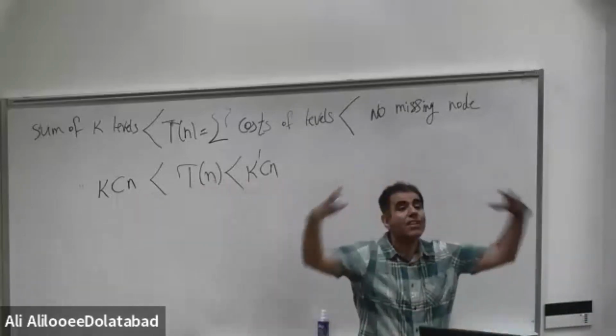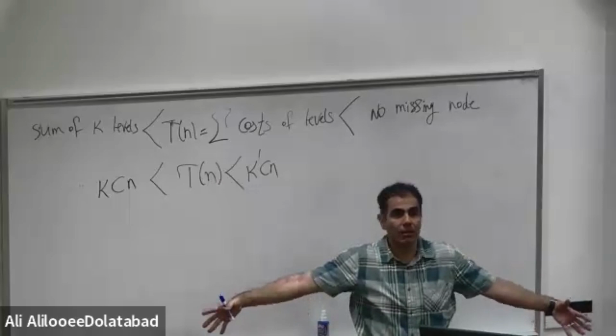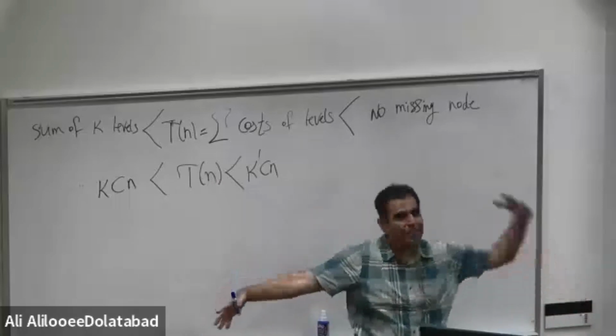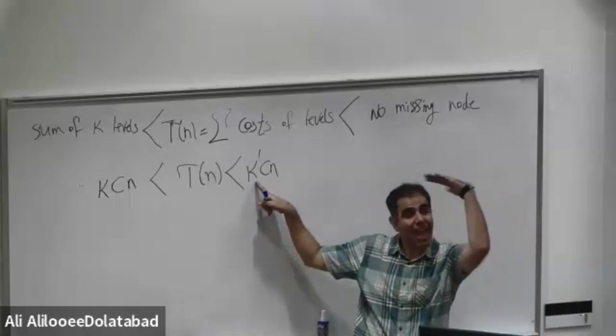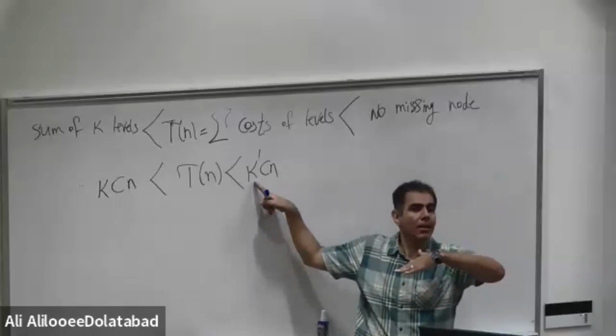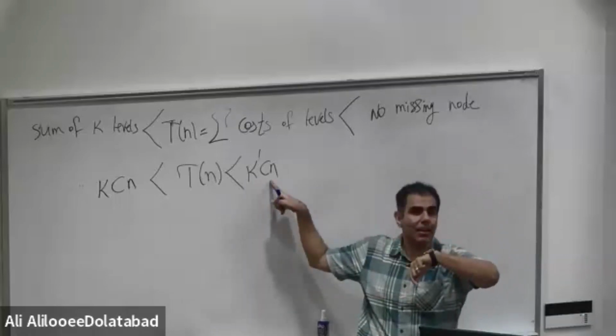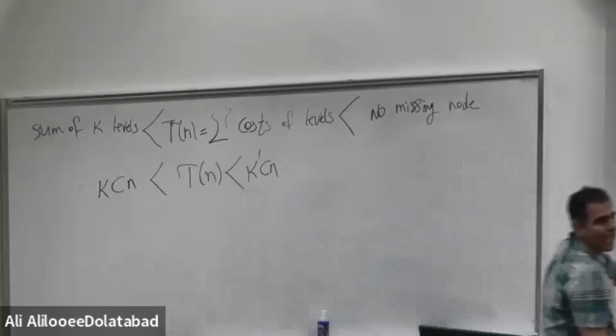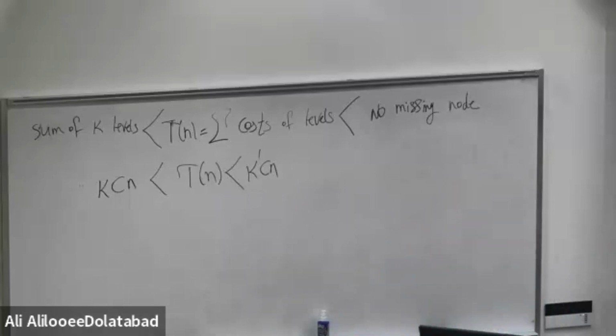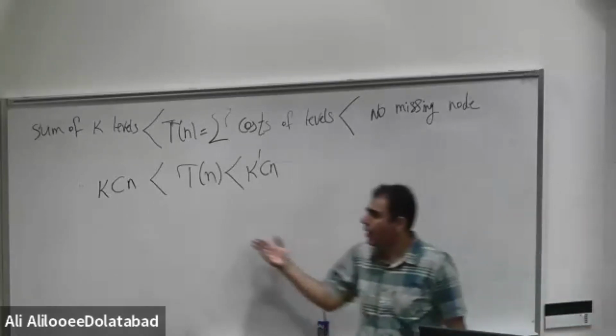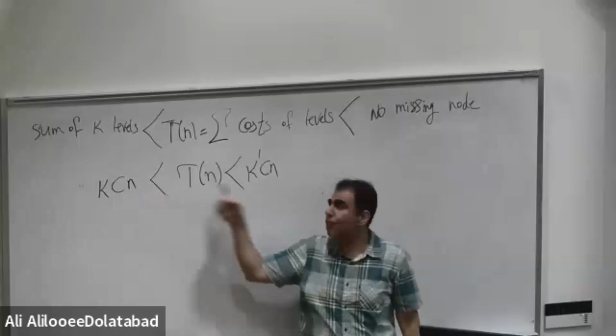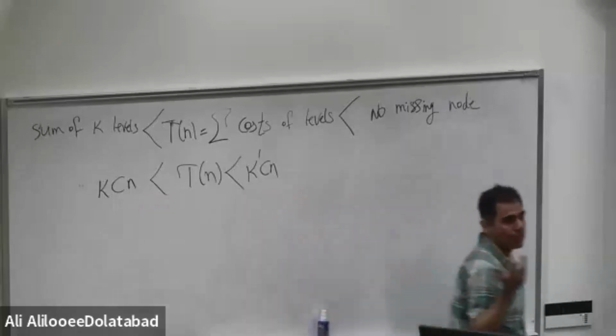I consider every level is full. If every level is full, it means that you have k prime levels, every level is full, and in each level the cost is Cn. Then I added k prime Cn, because how many Cn? K prime. Therefore, you can say that Tn can be bounded from below by k Cn, from above by k prime Cn.